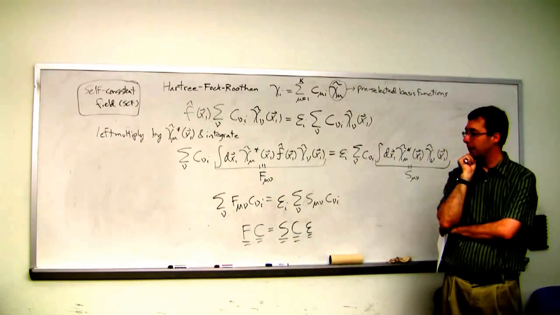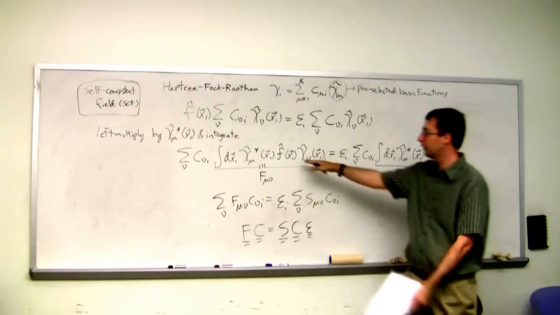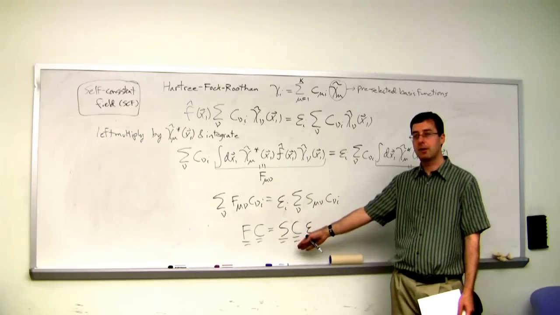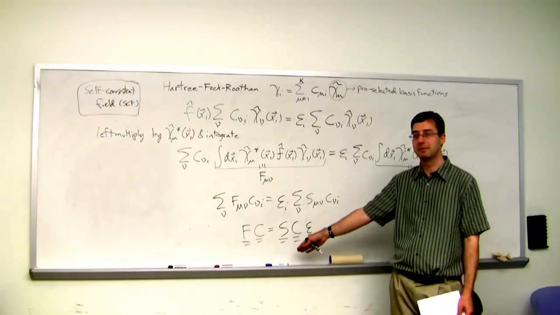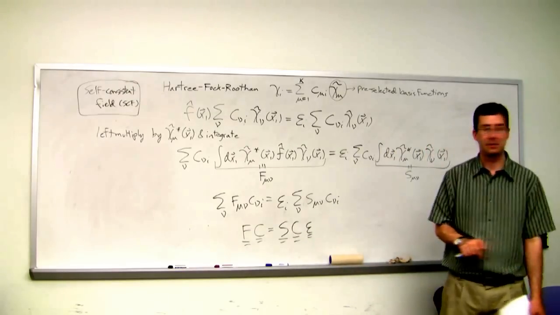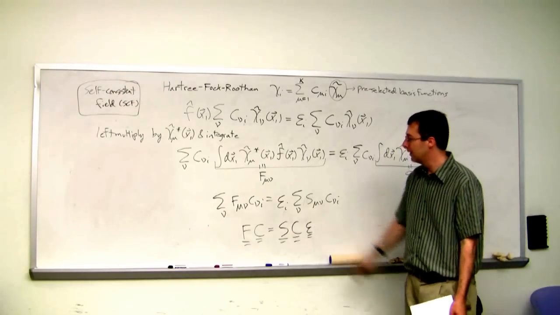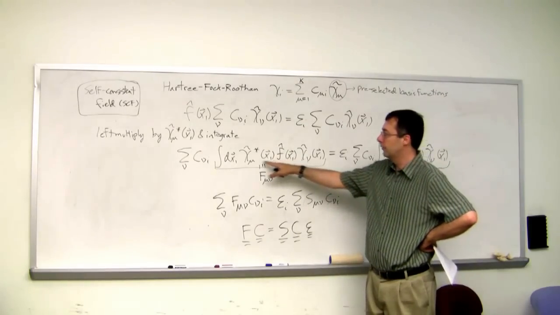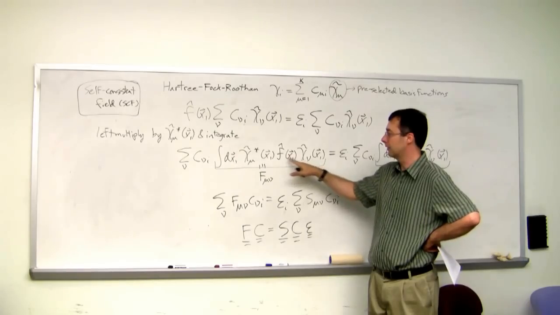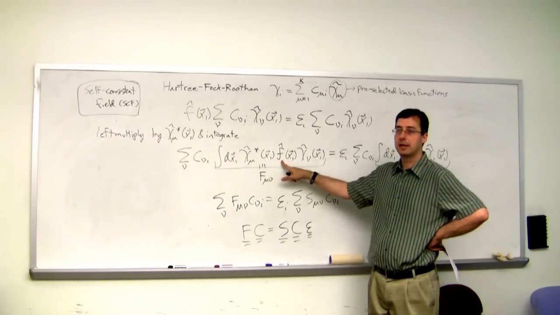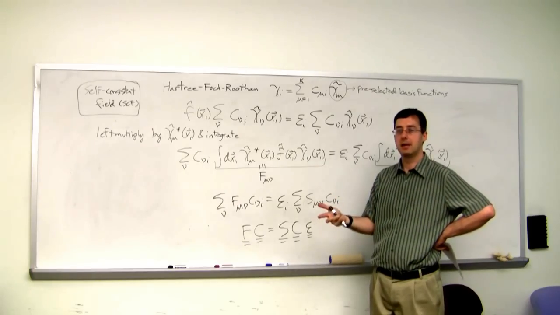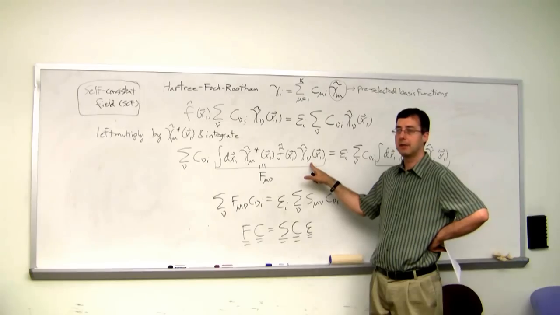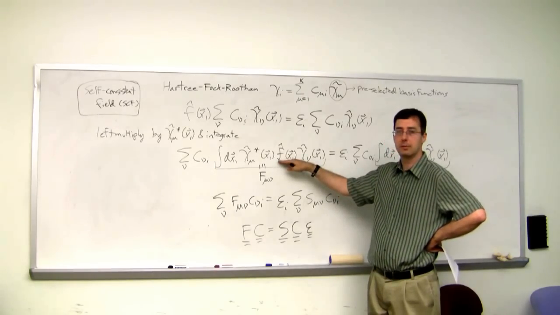because this has now turned from a complicated integral differential equation into a matrix problem. Matrix problems are easy to solve on computers. Well, in general. This one may be hard if you're doing a big molecule, but still, this is something we like. So how do I solve this? I need to evaluate, using my basis functions, how the basis functions are acted on by F. F in turn is made up of H, J, and K. I can work out what H, J, and K do to a basis function, and so if I know that, I can get these integrals somehow.